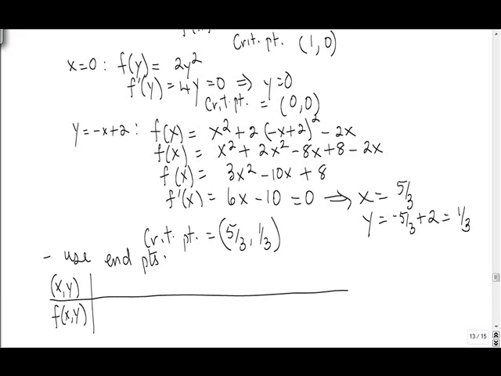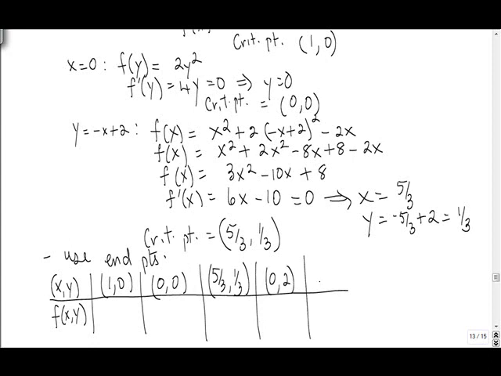Okay, what did we find? We found 1, 0. We found 0, 0. We found 5/3, 1/3. And the endpoints are 0, 2, 2, 0. And that's it.